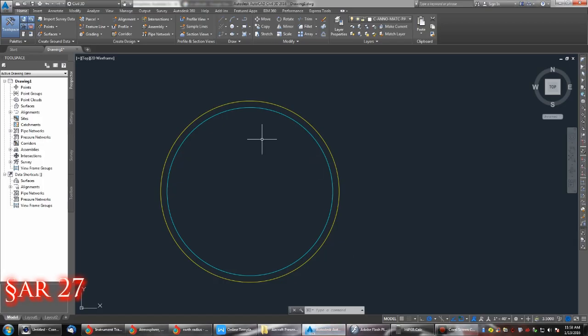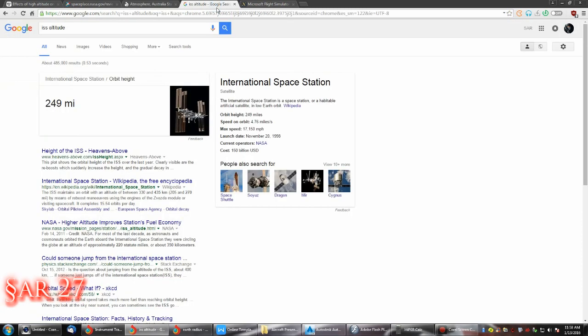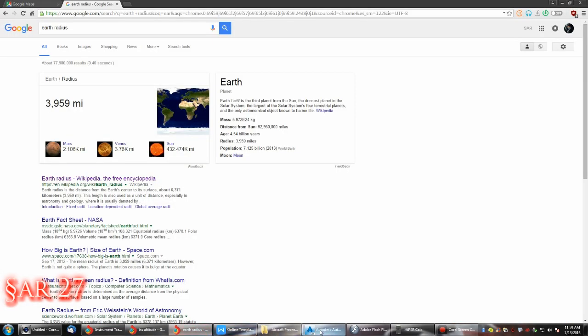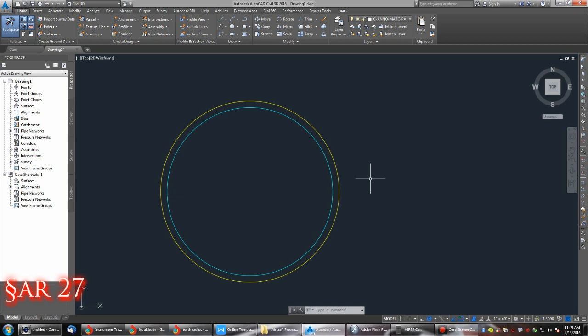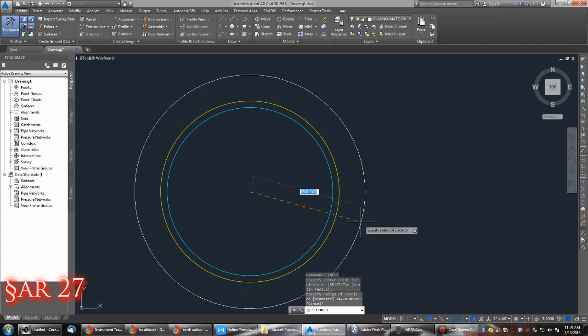Now, another thing that I want to take into account is another aircraft vessel that is up there, the International Space Station. We can put this in there too to get an idea of how high that is. I'm going to take 3,959 miles plus that, to get the distance. Whoops, gotta get the calculator first.